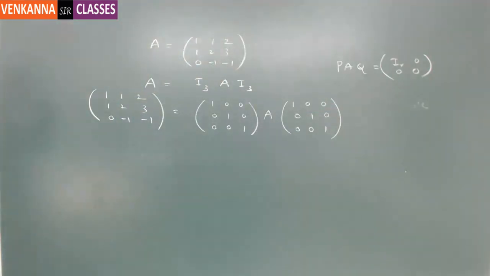Now let us apply the row operations first so that the diagonal entries will be 0. So while applying the row operations, we consider prefactor only on the RHS side.